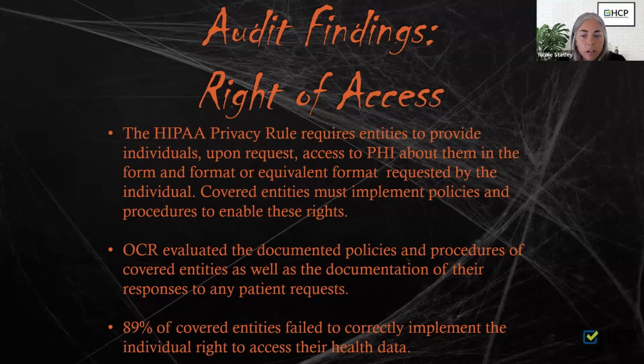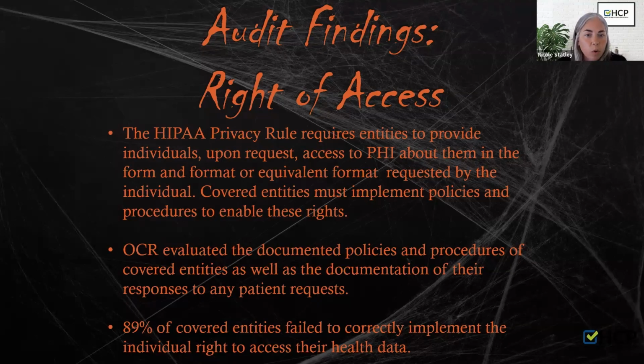As the shadows lurk, covered entities may find themselves penalized for this failure. Consequences are grave and monetary wise range from $3,500 to hundreds of thousands of dollars. There have been whispers in the night that the 30-day window may shrink to 15 days, so stay alert and be prepared.